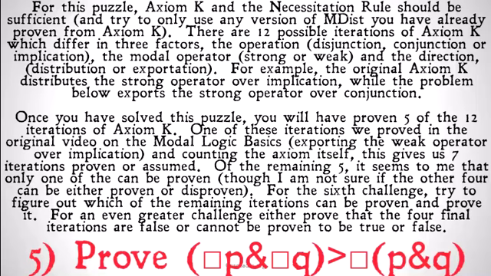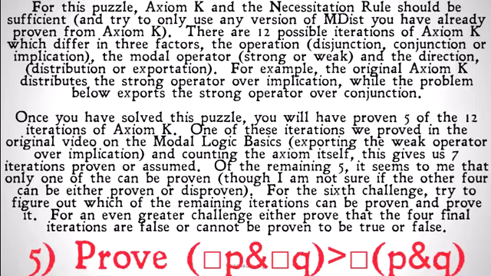For the 6th challenge, try to figure out which of the remaining 5 iterations can be proven, and then go ahead and prove it. For an even greater challenge that we're not going to show the answer to, either prove that the 4 final iterations are false, or cannot be proven to be true or false, or, though it seems to me they can't be, demonstrate them to be true.